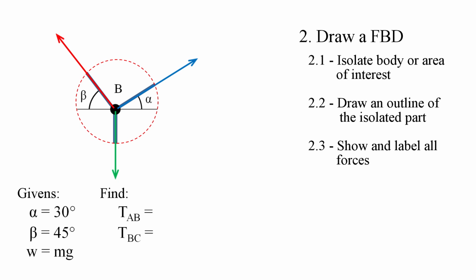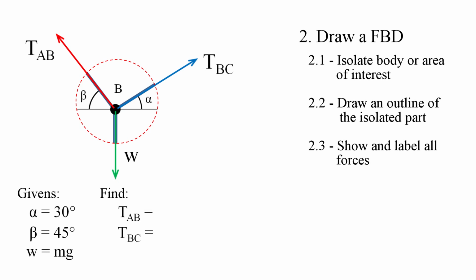It's not enough just to show the arrows. We must give appropriate labels for the forces. In this case, I'm going to write T sub AB for tension in cable AB, T sub BC for tension in cable BC, and I'm going to write W for the weight. Weight is known and the two tensions are unknown. So here we have a diagram that shows all the forces.